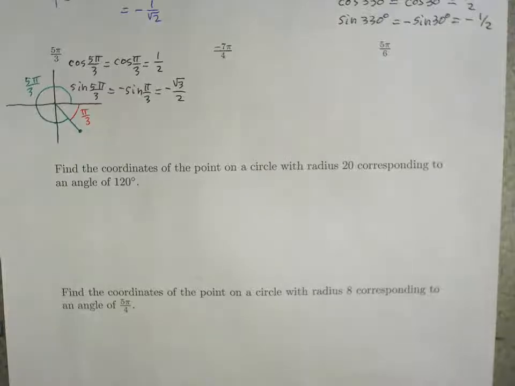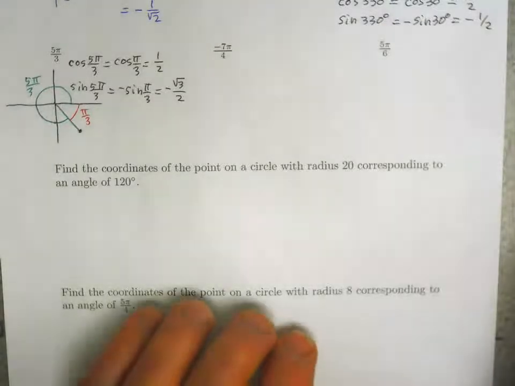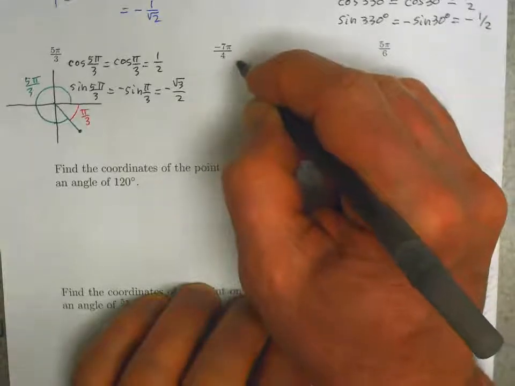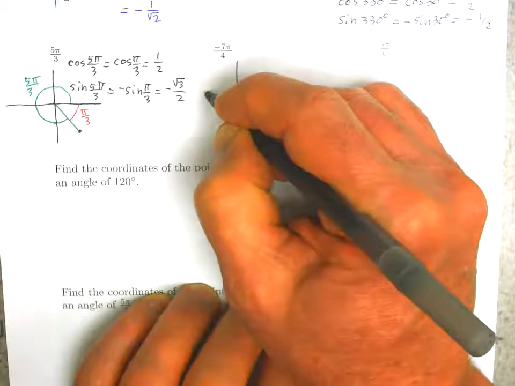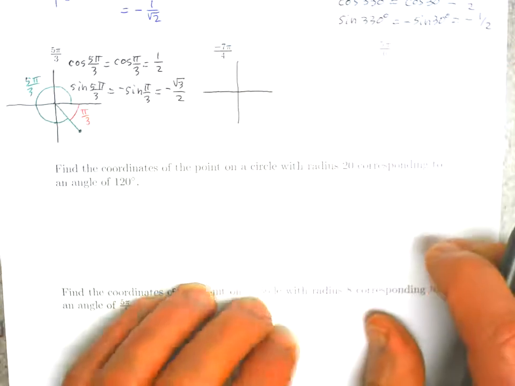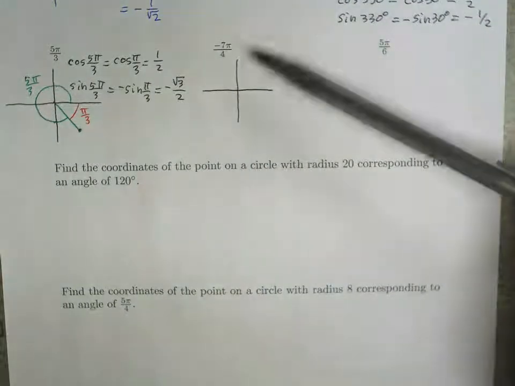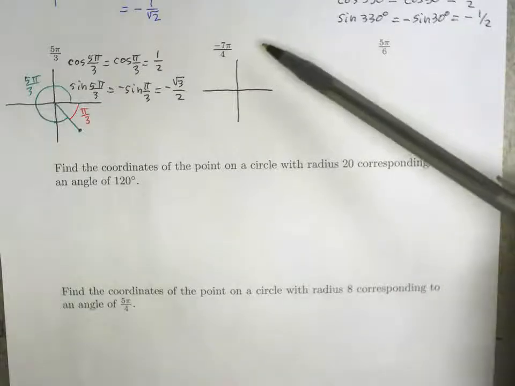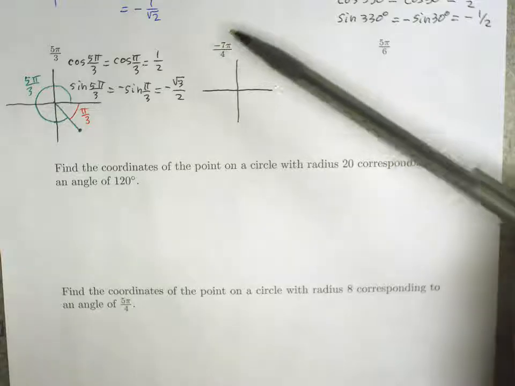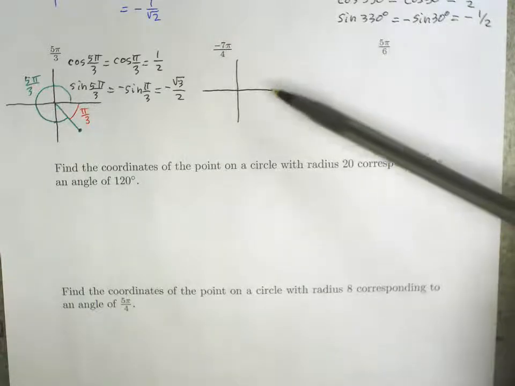Okay, the next angle, negative 7 pi over 4. So this time we move clockwise. This is not as far as negative 2 pi would be. Negative 8 pi over 4 is negative 2 pi.